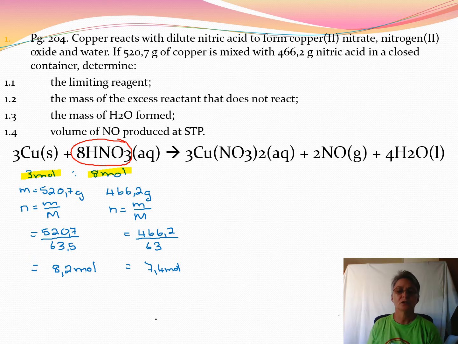Next, they ask us to calculate the mass of the excess reagent, that which does not react.